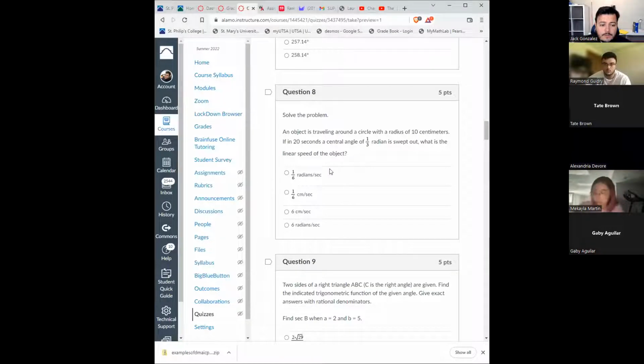It's number 8 right here. So I'm going to write down the radius, 10 centimeters. Time is 20 seconds. Theta is equal to 1/3 radians. So no degree symbol. What is the linear speed?